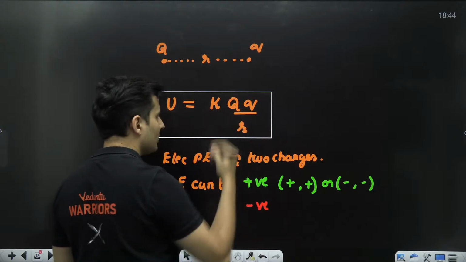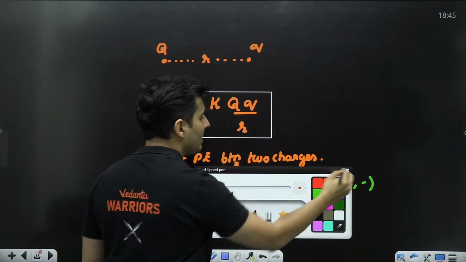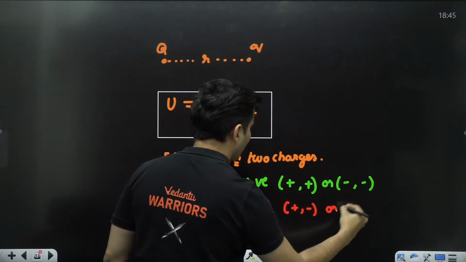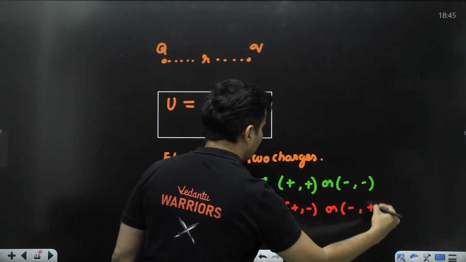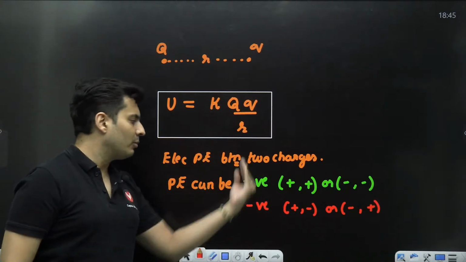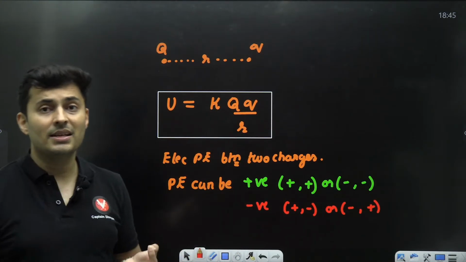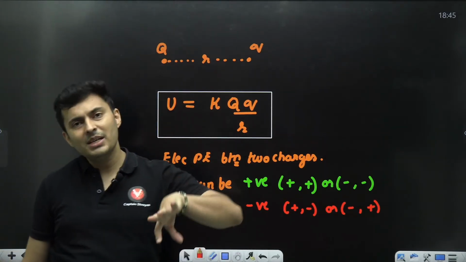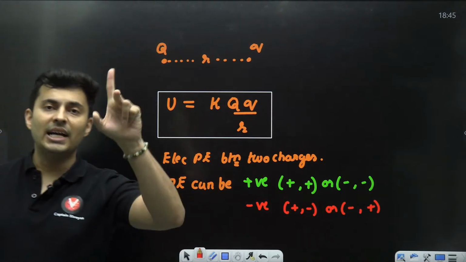Negative into negative is also positive. It will be negative potential energy if one is positive and one is negative. Unlike charges will give you negative potential energy. So don't think electrical potential energy is always positive. It can be positive or negative, depending on the sign of the charges.